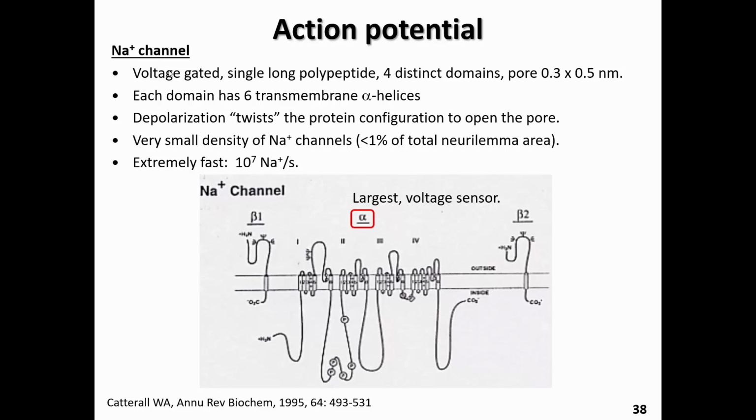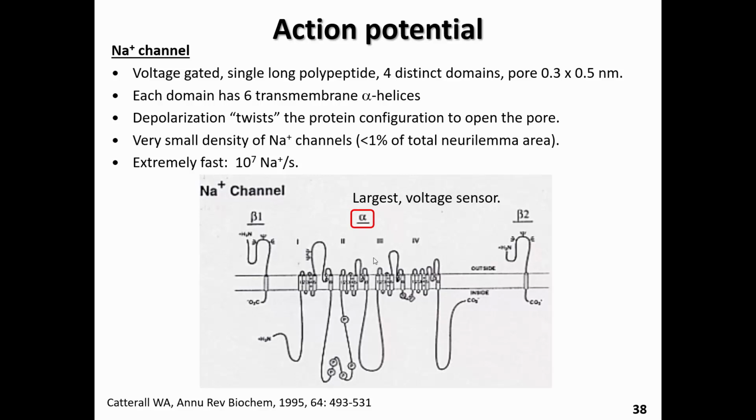And this particular channel acting individually is very fast. Some estimates will place about 10 million sodium ions, and this number does vary a little bit, approximately through one channel, 10 million sodium ions is thought to transit through in about 1 second.